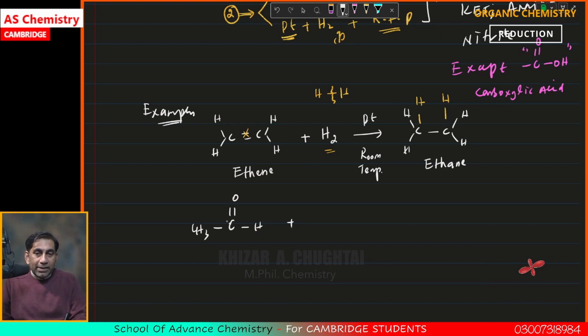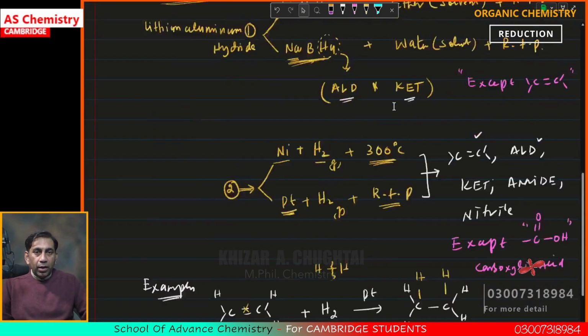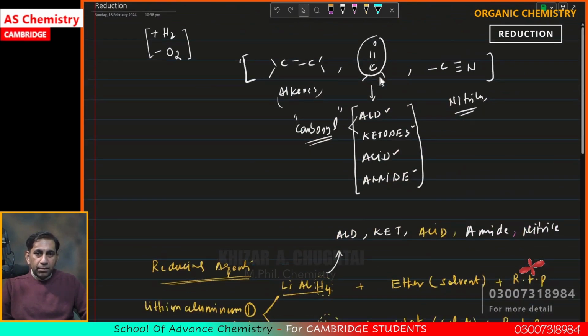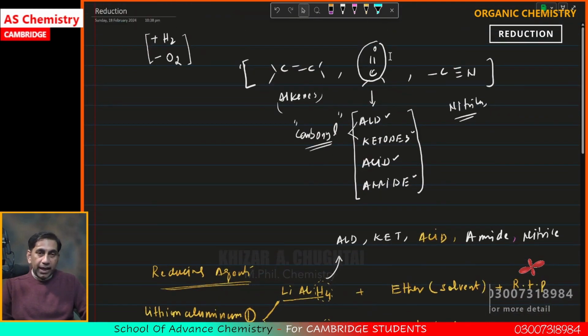No, no, no. Basically, C double bond O. C double bond O is the portion that is going to reduce. As I mentioned in my previous portion of this chapter, in all these cases, this group is going to reduce.